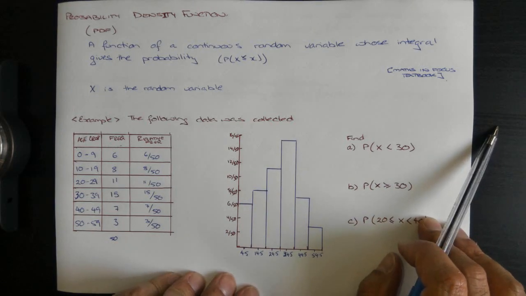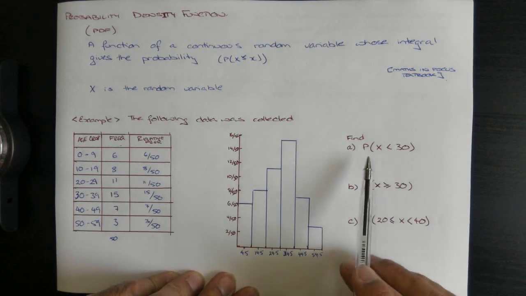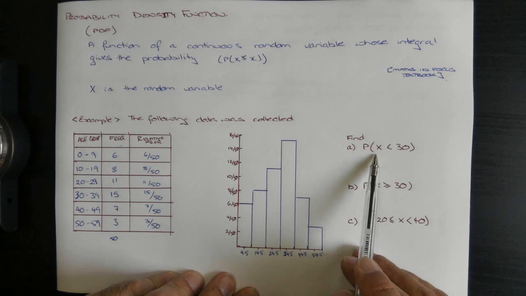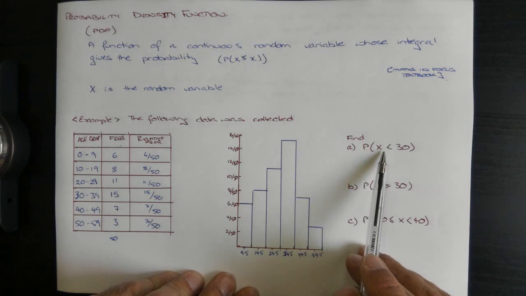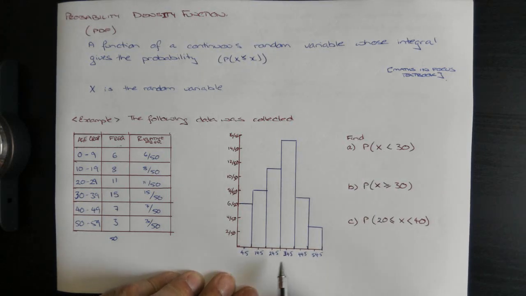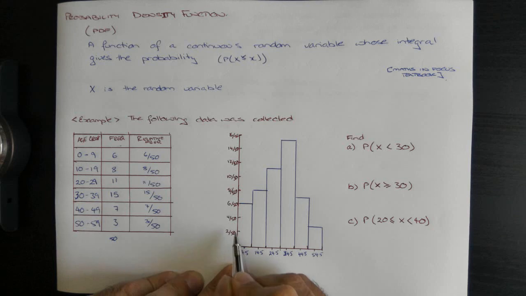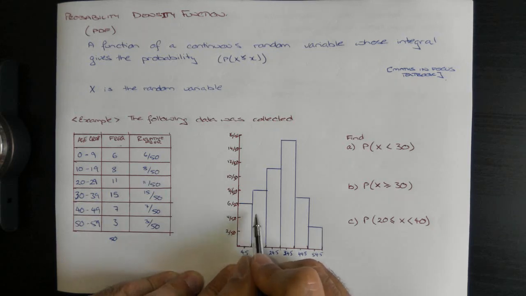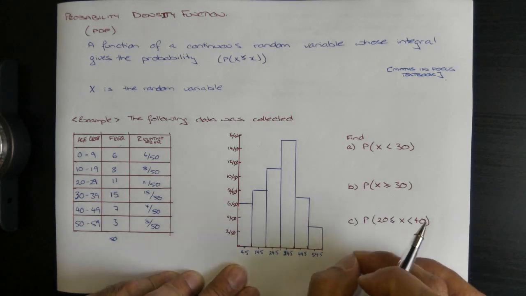If I wanted to find the probability that the continuous random variable is less than 30, notice that in my histogram the group center is in the middle of the column, and it's because it's continuous, the columns are together.